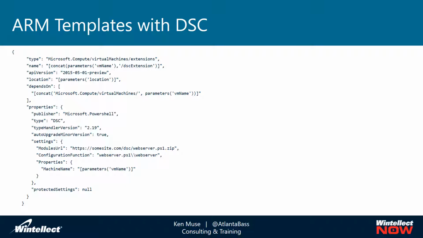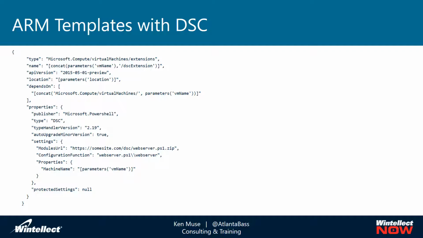In this case, I'm creating a web server that's going to pull its configuration definition from a private website that the ARM template has access to, and it's going to download this zip, extract a specific configuration definition, and apply it to the given machine.